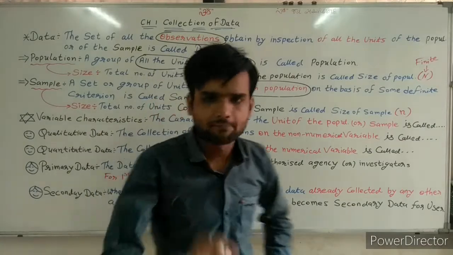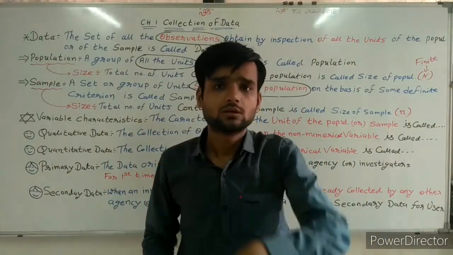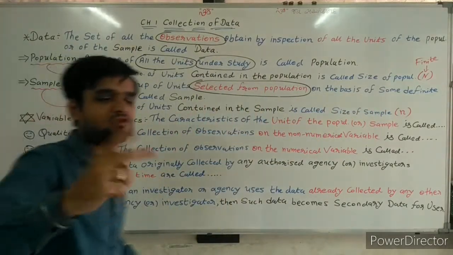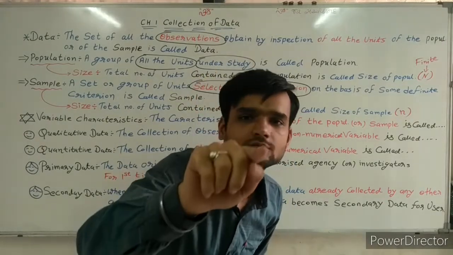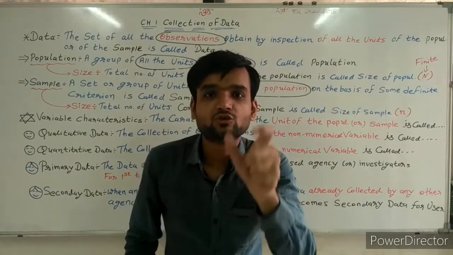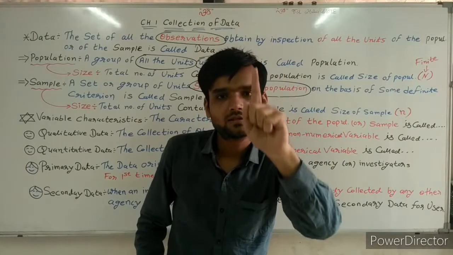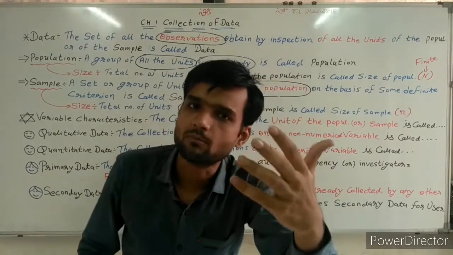Now, sir, we all understand sample. But what is a definite criterion? Now, accounts and statistics, who is teaching you? Sir, Kamal sir. So the definite criterion is that you are selecting those 2 subjects which you are studying from Kamal sir.